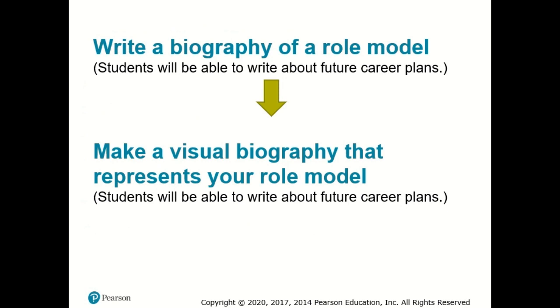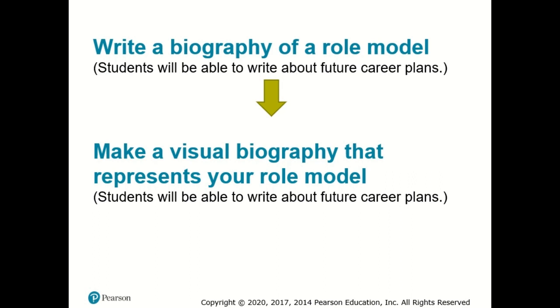For instance, there was an assignment where students needed to write a biography of a role model, and the goal of this activity was that students will be able to write about future career plans.